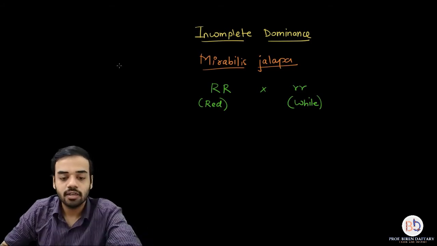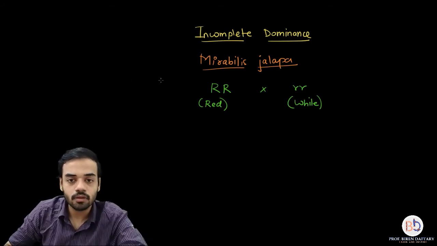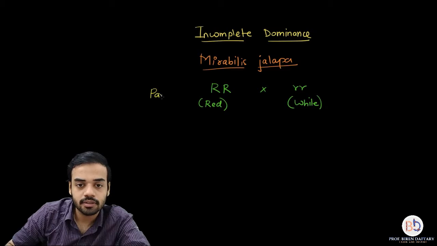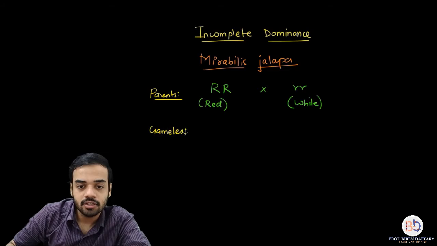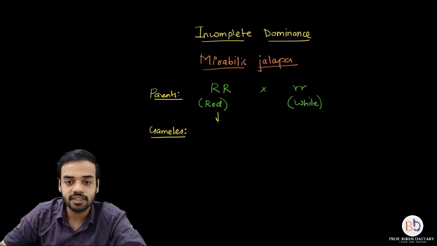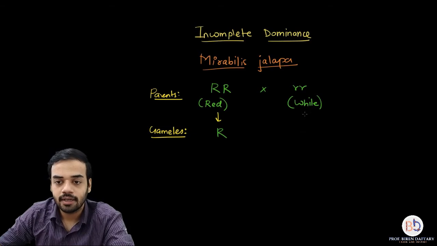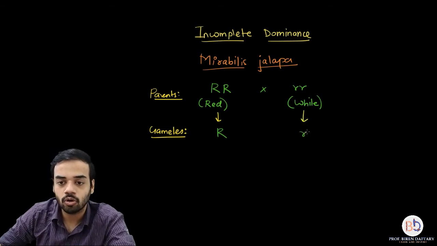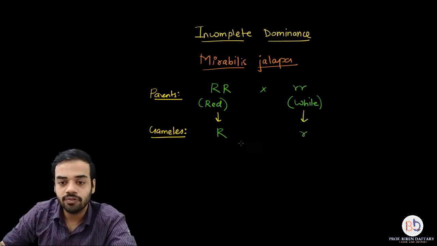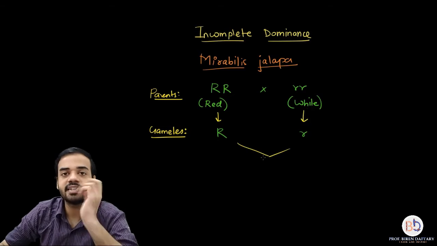So anyway, writing down that these are parents, correct? Then the next step is you write down the gametes. Each one is going to have a single gamete. This is going to have capital R as the gamete, and this is going to have small r as the gamete, and then we combine the gametes and we get the F1 generation.